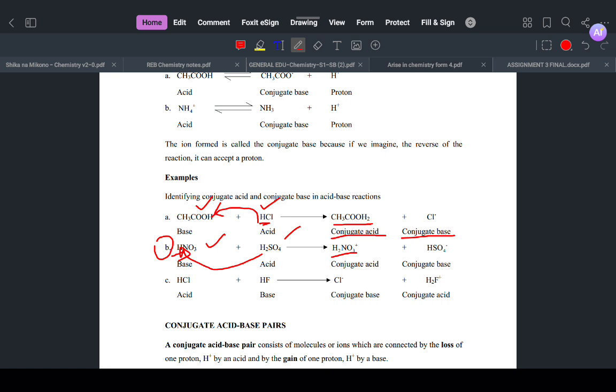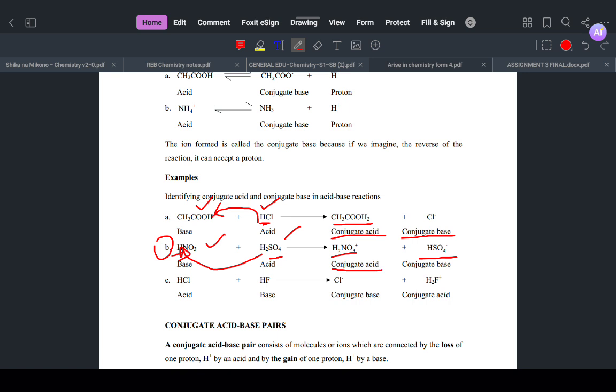Remember that the conjugate acid is the product when a base gains a proton, and when an acid loses its proton, it becomes a conjugate base. The conjugate base is what remains when an acid has lost its proton. When that proton has been gained by a base, the base changes its name to a conjugate acid.